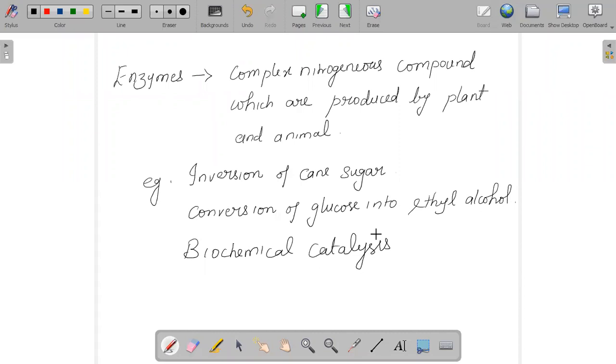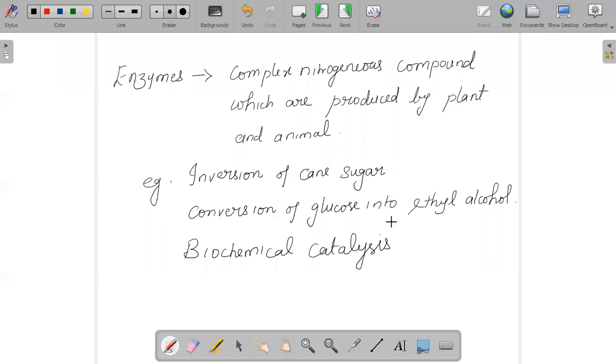We also use an enzyme for the conversion of glucose into ethyl alcohol, or for the conversion of starch into maltose. For that we use an enzyme called diastase, which converts starch to maltose.